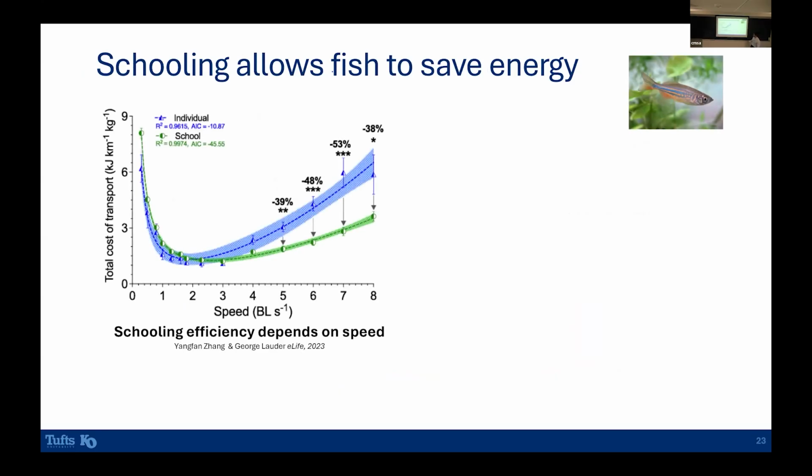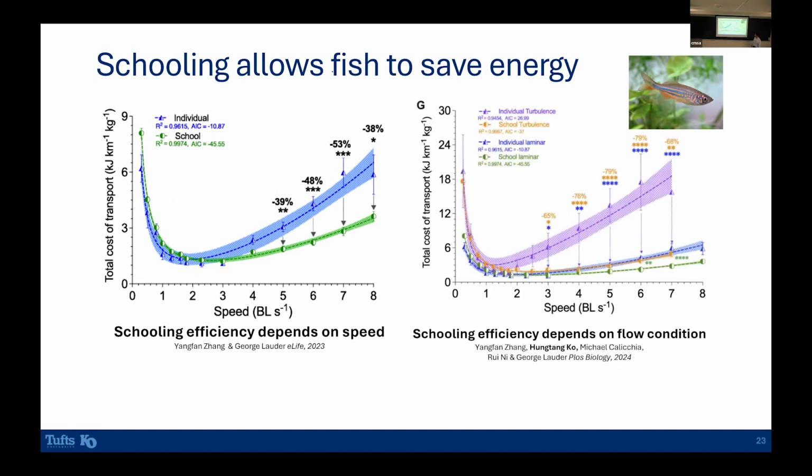But one thing that we know, and this is another piece of indirect evidence, is that fish schools do save energy, and the energy saving seems to be dependent on speed. The left plot shows how an individual is spending way more energy than a school. Recently, we also did other experiments with fish swimming not only at different speeds, but also in different flow conditions.